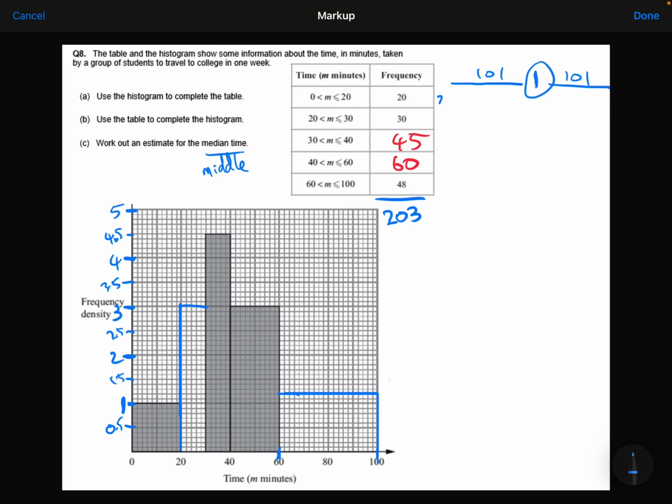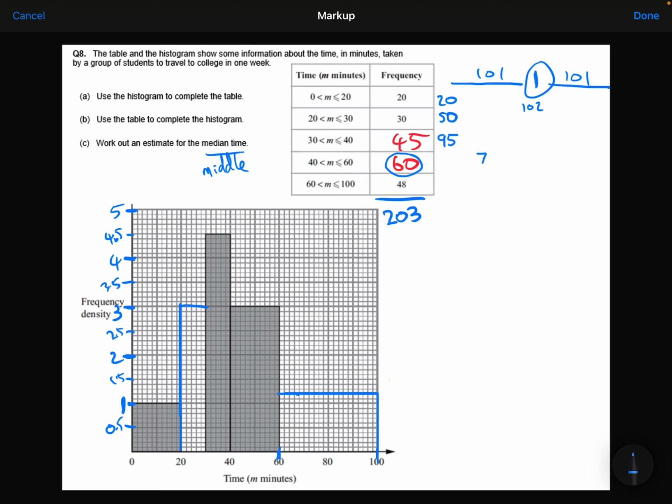Right, the first 20 people are in that first interval. The next 30 people takes me up to the 50th person. The next 45 people takes me up to the 95th person. Remember, we're looking for the 102nd person. So we're close now. In fact, we only need 7 more. We only need 7 of these 60 people.